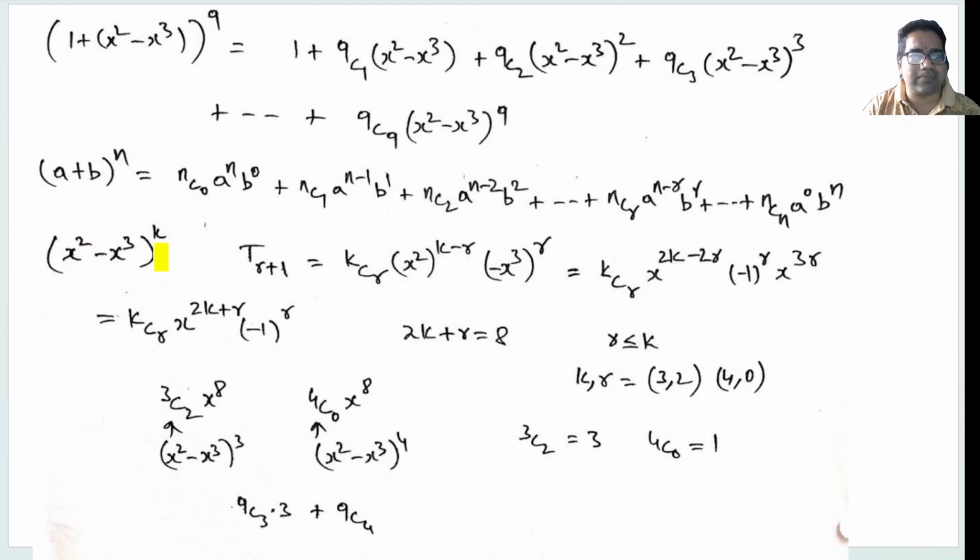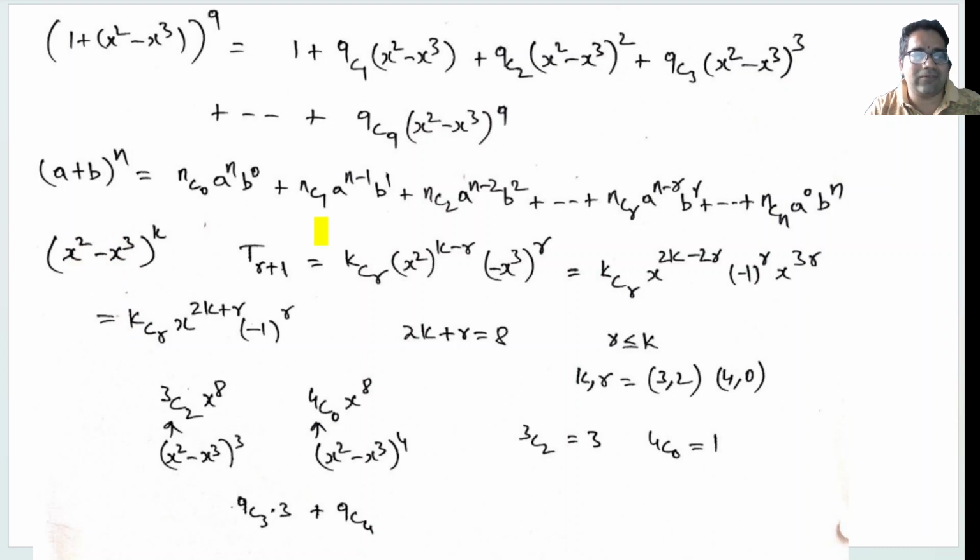It is kcr, first term x square power k minus r and second term power r, that is minus x cube power r. If we simplify this, we get kcr x power 2k minus 2r, minus 1 power r, and x power 3r. This minus 2r and this 3r we can combine. So x power 2k plus r, minus 1 power r, and kcr.